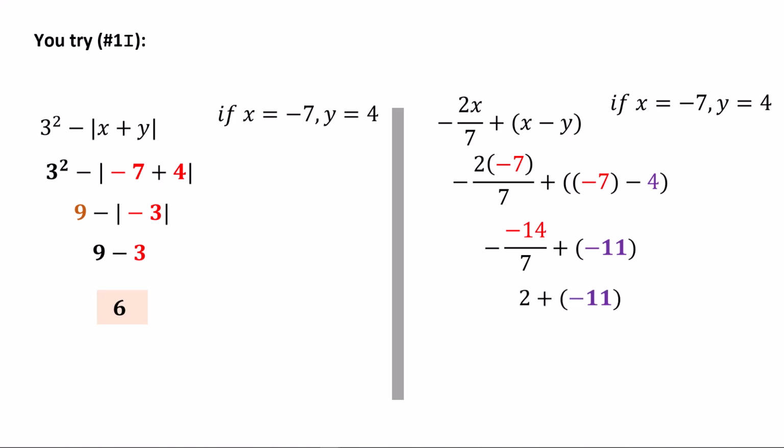The negative of -2 becomes +2 plus, and then -7 minus 4 becomes -11. So 2 plus -11 is -9.